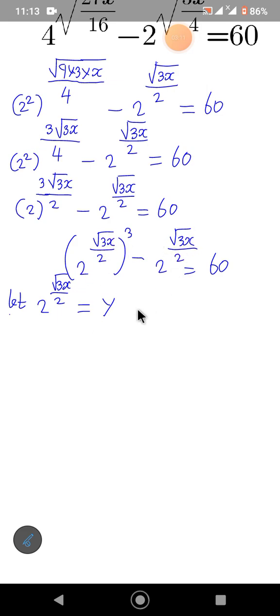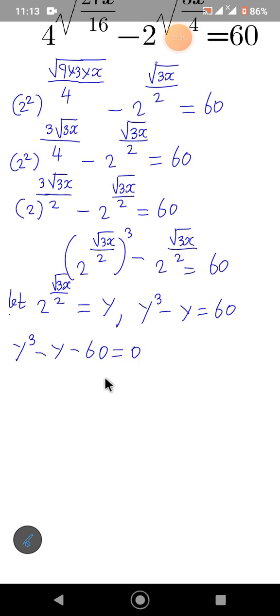So here will now become y raised to the power of 3 minus y equal to 60. Now I'm going to rearrange this to get a cubic equation. On rearranging, I will get y raised to the power of 3 minus y minus 60 all equal to 0.